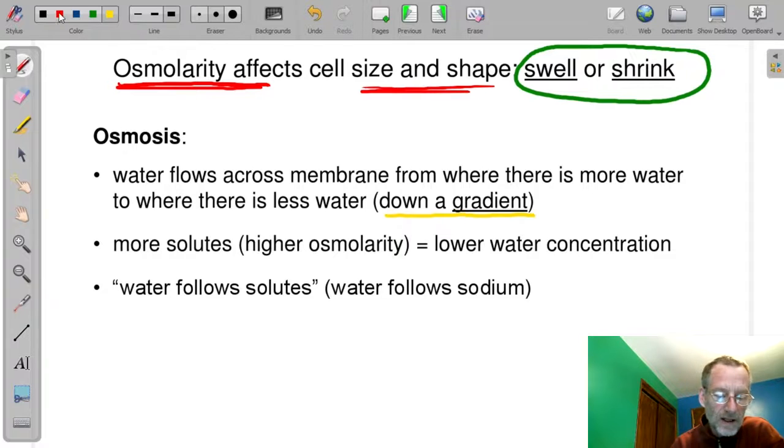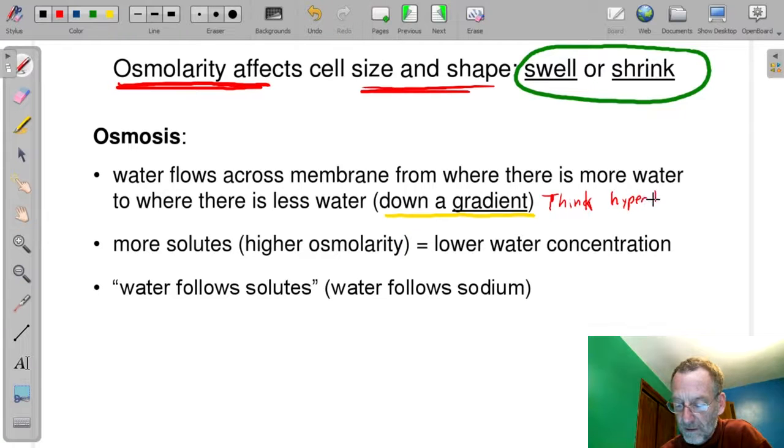So you have to sort of think hypertonic versus hypotonic. Which way does water flow? Flows toward one or the other?